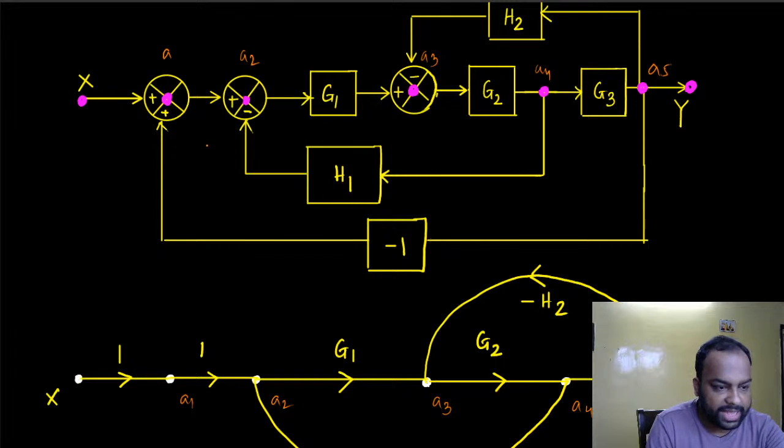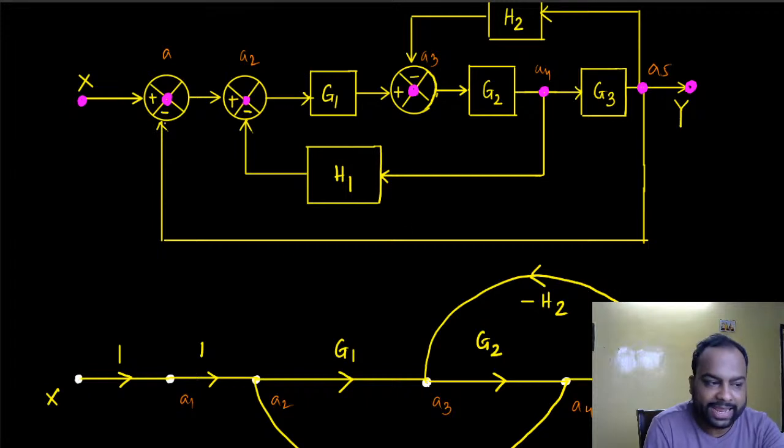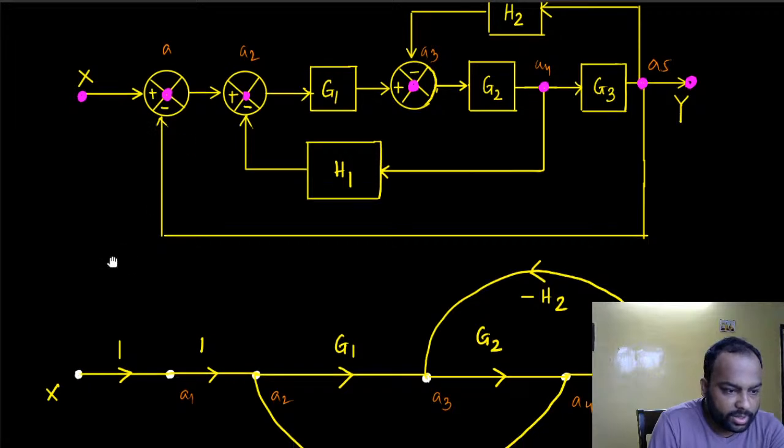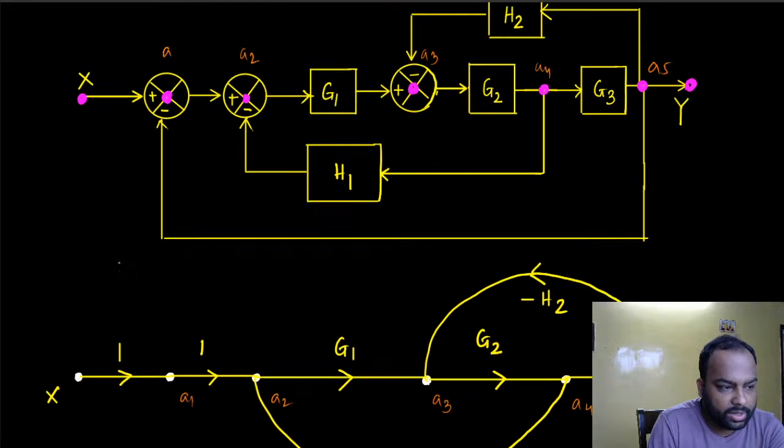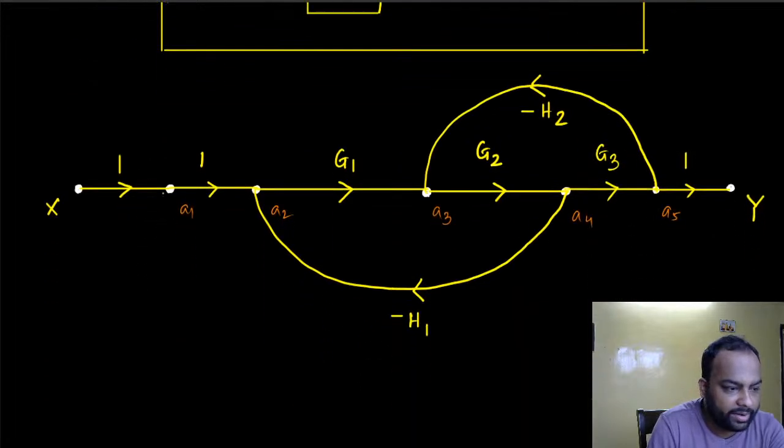This signal gets multiplied with minus 1 and then summed up here. This is the same thing as saying this signal directly goes into this one and gets subtracted from X. The same thing, right? So we have a connection between A5 and A1, right? So let's do that.